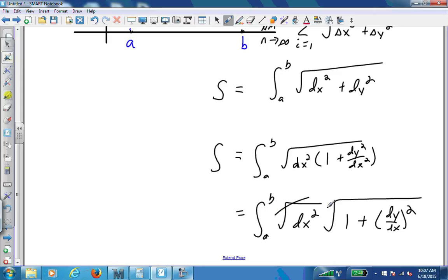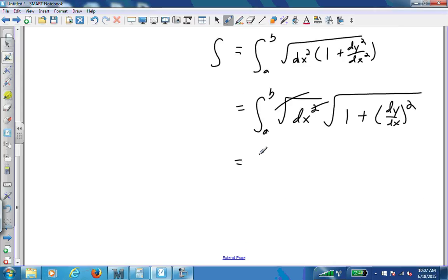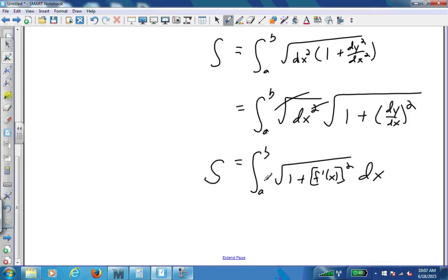The square root of the square cancels, so we've got the integral from a to b of the square root of 1 plus dy over dx, which if our function is called f, we'll just call that f prime of x, squared, and move our dx out to the end. So that's how we can calculate our arc length: 1 plus our function's derivative squared, take the square root, dx.